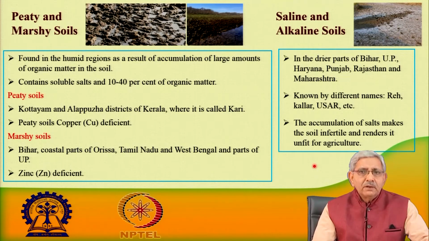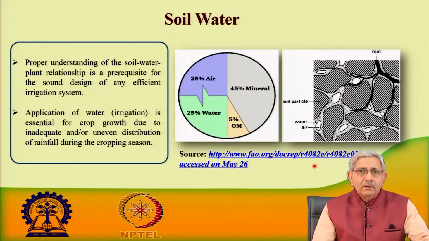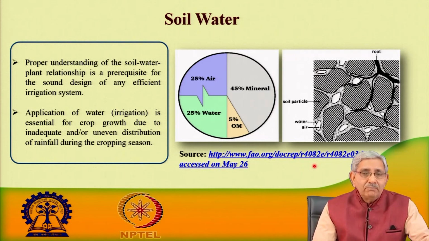Otherwise, these soils are not suitable for cultivation. So, those are the different types of soil according to their physical and chemical properties; their treatment is to be done, and they are to be brought under cultivation of a specific crop using an appropriate irrigation system.